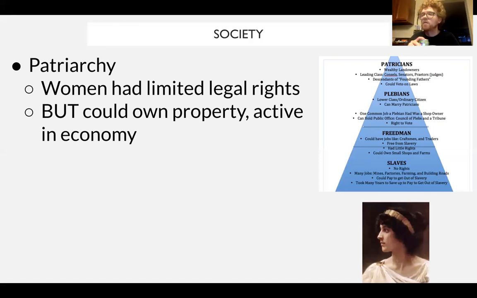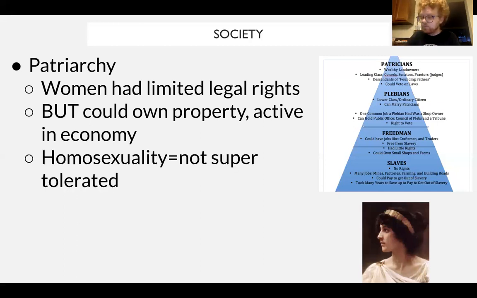Oftentimes will take economic roles. So there is a degree of some privilege, or at least some rights for women, economically speaking. But for the most part, it is a very largely patriarchal society. To contrast a little bit with ancient Greece, homosexuality is kind of not super tolerated in ancient Rome.